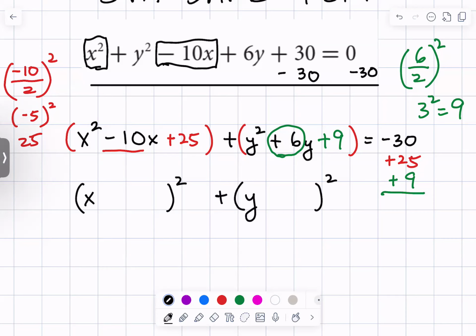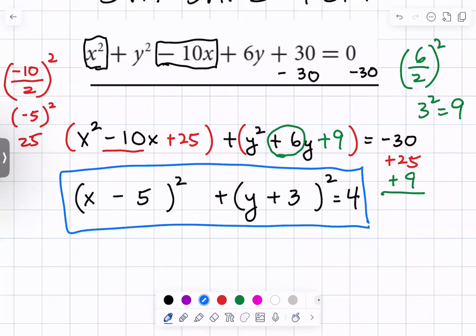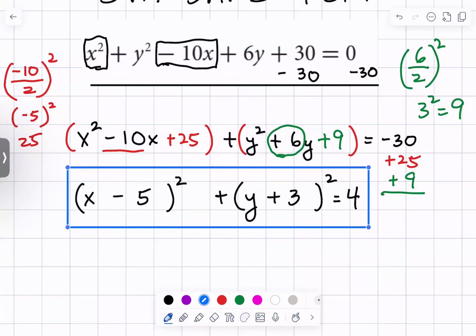The first one with my x's, I'm going to have (x minus 5) quantity squared plus (y plus 3) quantity squared equals negative 30 plus 25, that's negative 5, plus 9, that's 4. Right? And here, class, is the standard form of this equation.